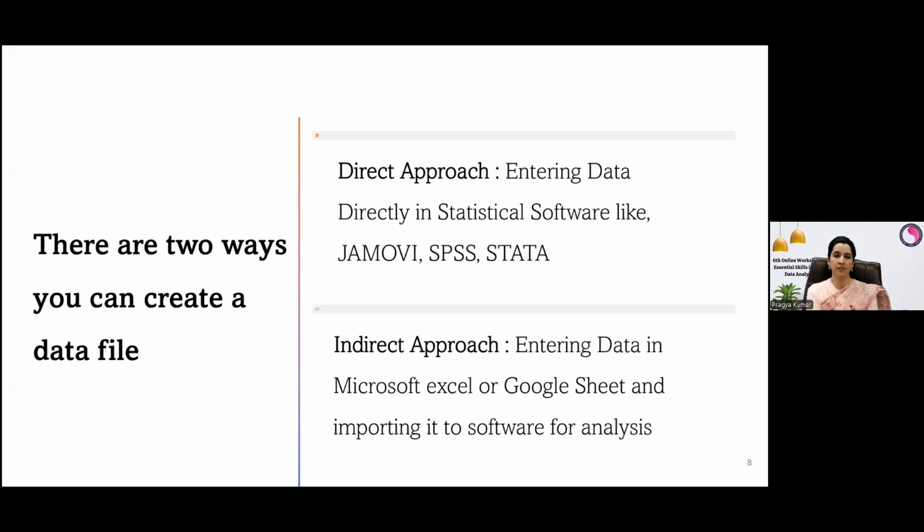Many times, if Jamovi doesn't have some option and that option is better in SPSS, you can import your data into SPSS or some other software. So that's why we recommend entering the data in the Excel sheet or the Google Sheet.